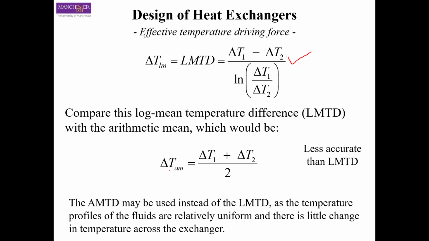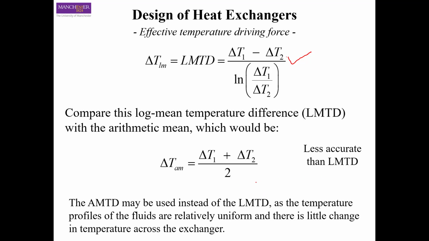In that case, the arithmetic mean will be more or less as accurate as LMTD. So these are the two situations where you can use the arithmetic mean temperature difference, but in almost all cases, we always prefer to use LMTD.